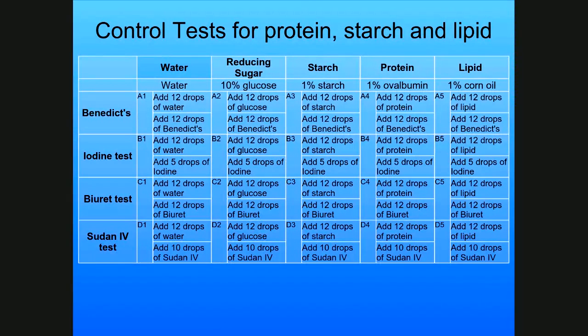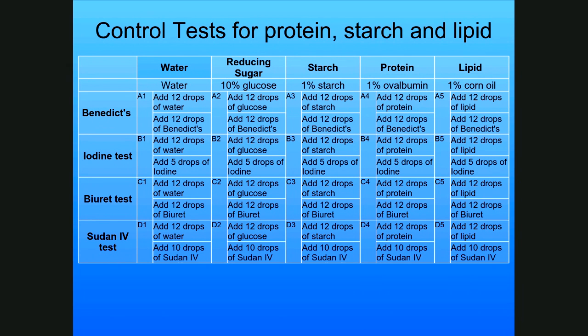And the way this is set up, I want you to think about what on here are the positive controls and what on here are the negative controls. If we do this in the lab, you end up with a number of different tubes. Everything that gets Benedict's would be labeled with A. Everything that gets iodine would be labeled with B. Everything labeled with burette would be C, and everything that gets the Sudan 4 would be labeled with D.